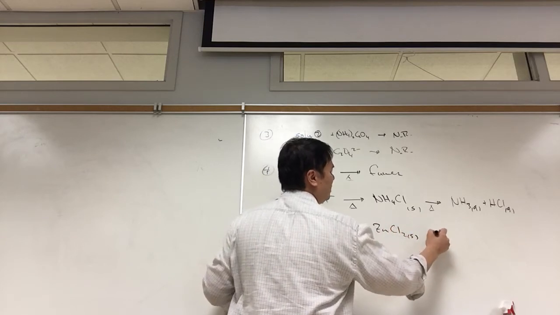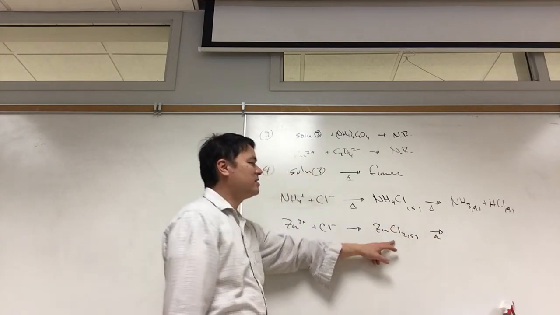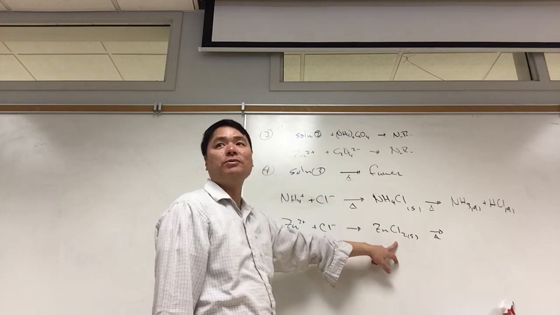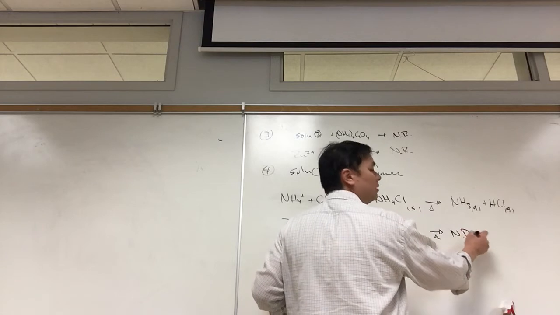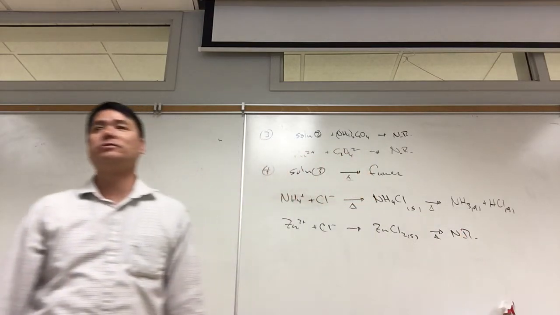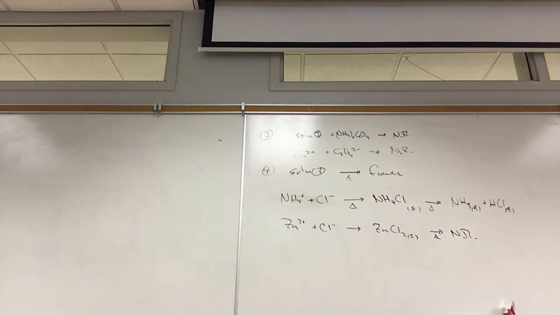But the heat here is not enough to decompose the zinc chloride, so no reaction. Zinc chloride shouldn't decompose here. And so our zinc should still be left in that solid residue sitting at the bottom of the evaporating dish.